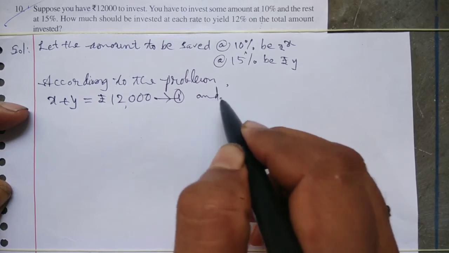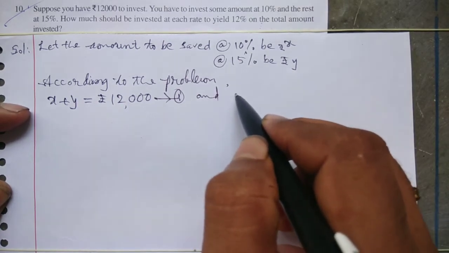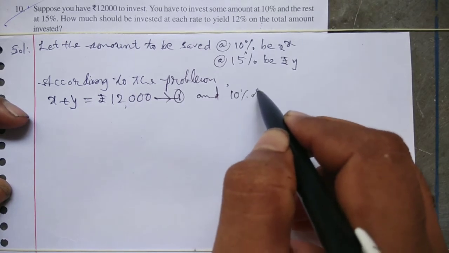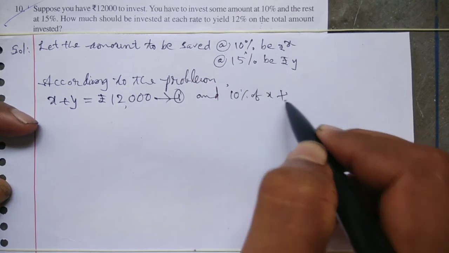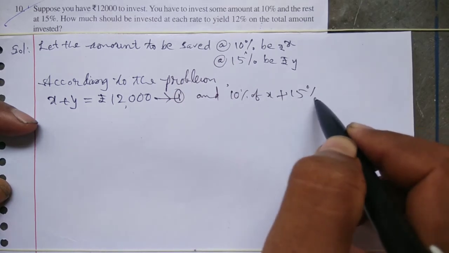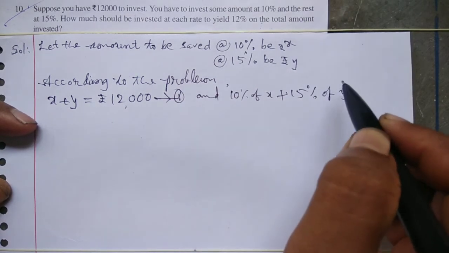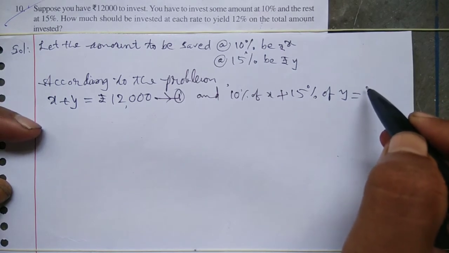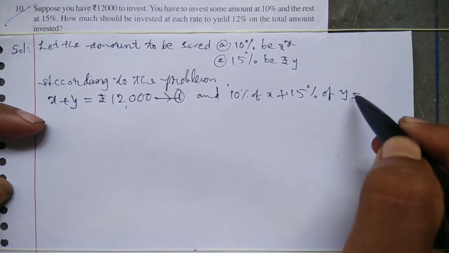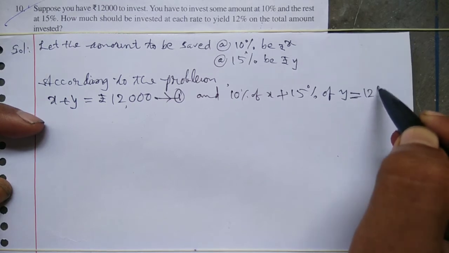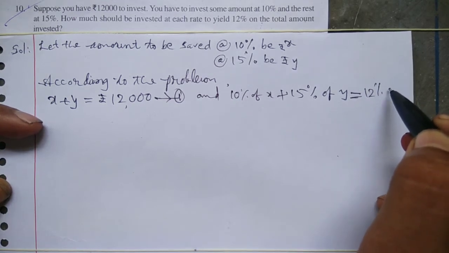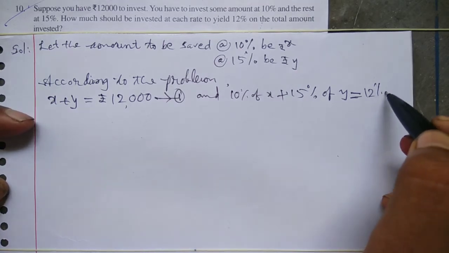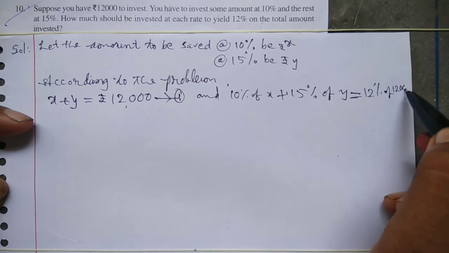And 10% of x plus 15% of y is 12% of 12,000 rupees.